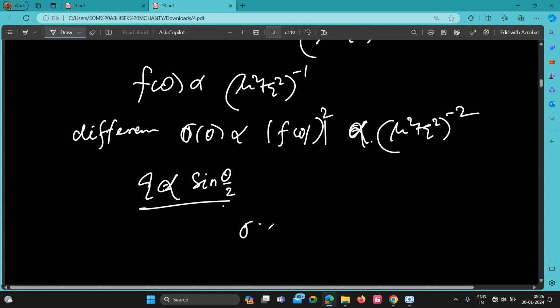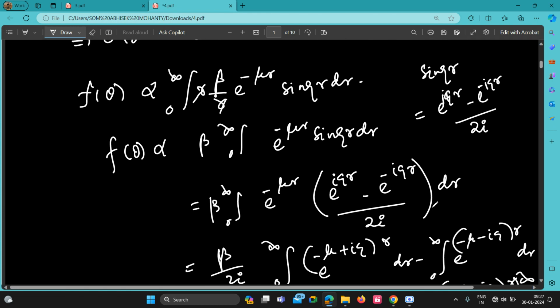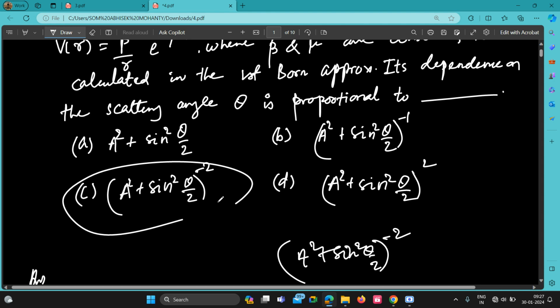So I can just write σ(θ) is proportional to (μ² plus sin²(θ/2)) to the power minus 2. Okay, so this would be your dependence. If you see the options, with μ as a, a² plus sin²(θ/2) to the power minus 2. See which option? Option C. Is that all right?